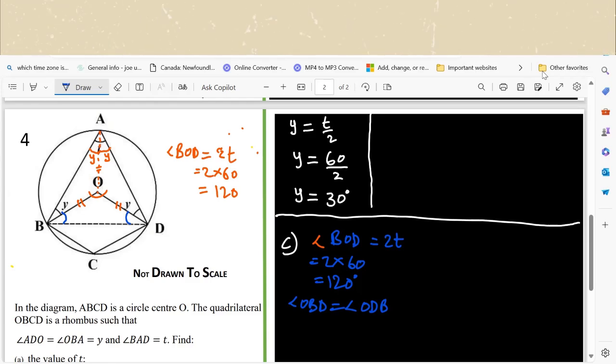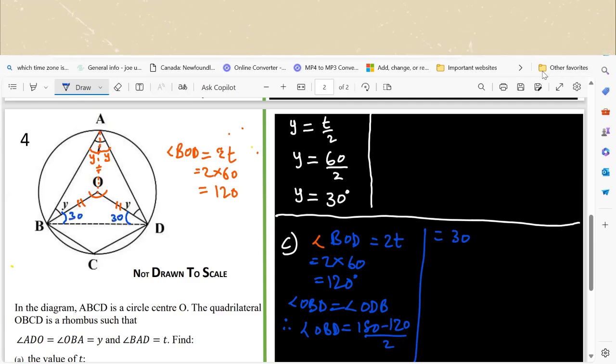All right, so for us to get it, therefore, angle OBD is 180 minus 120 over 2. And that will give us 30 degrees, right? So each of these angles will be 30, 30.